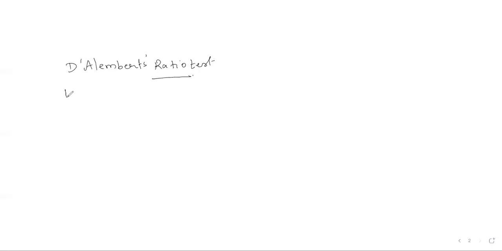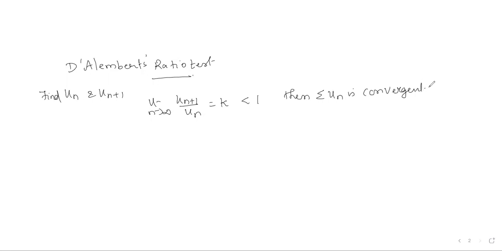So here, first of all, we have to find out un and then un plus 1. Then find the limit n tends to infinity of un plus 1 by un, and if it is equal to k, and if k is less than 1, then sigma un is convergent. If k is greater than 1, then sigma un is divergent.